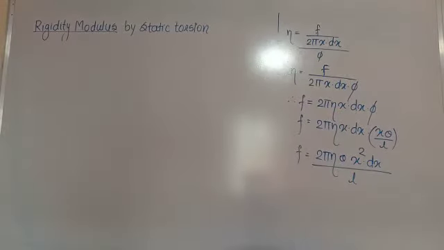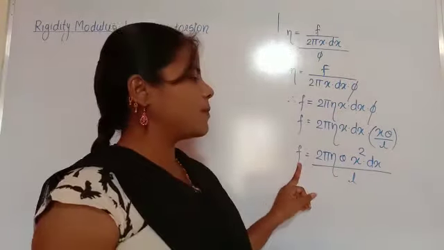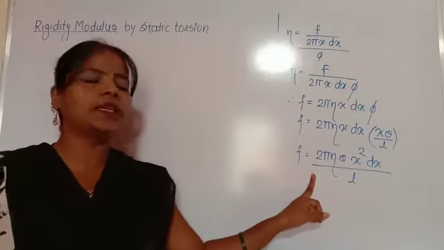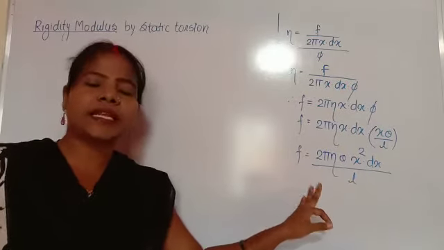So we have this F, the tangential force applied on the annular cross section of area twice pi x into dx, because dx is the thickness of the annular cross section of the cylindrical rod.